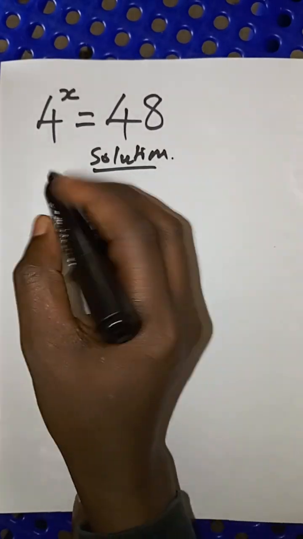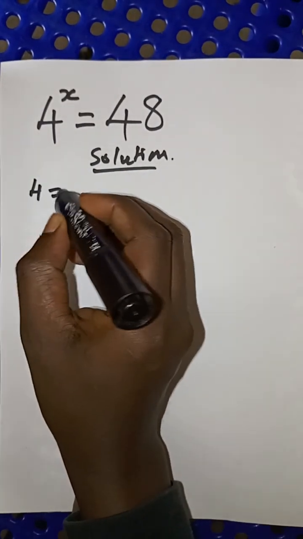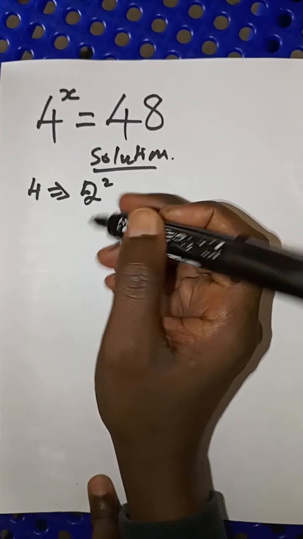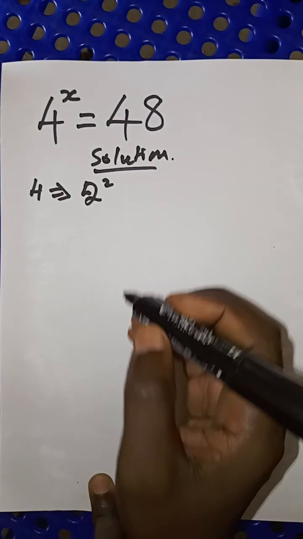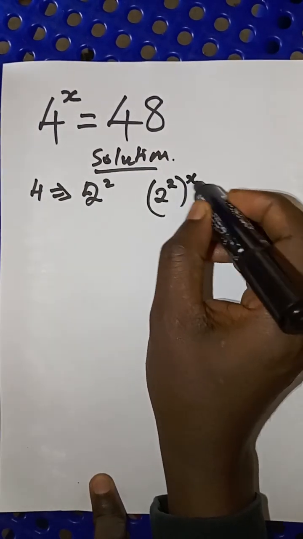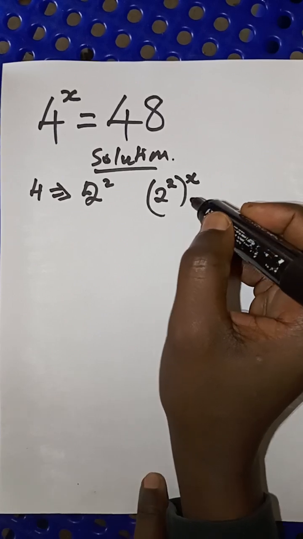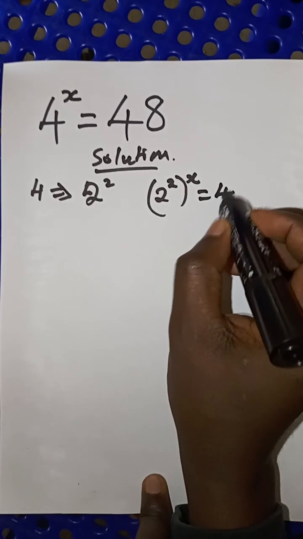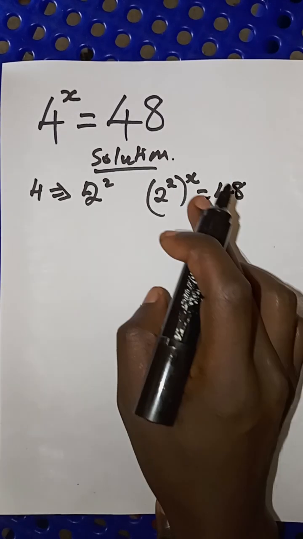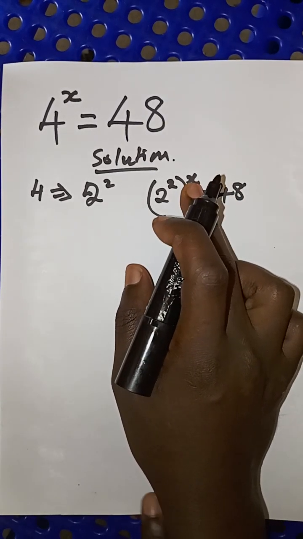I know that 4 can be written as 2 squared. So replacing this here, I'm going to end up with 2 raised to power 2, power x, should be equal to 48. At this stage, the x is unknown.